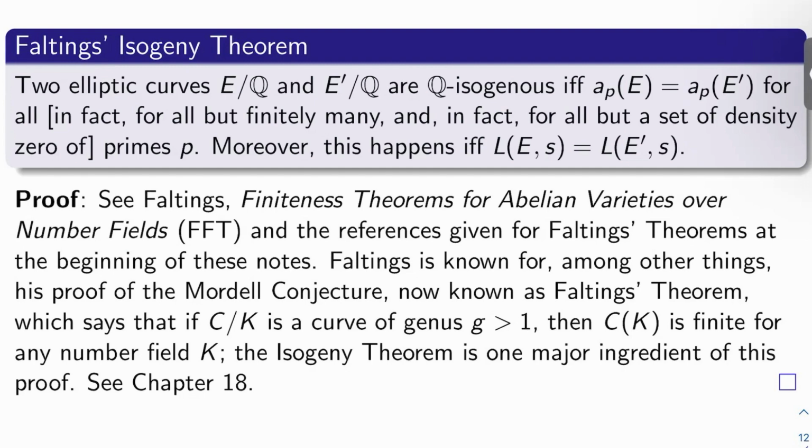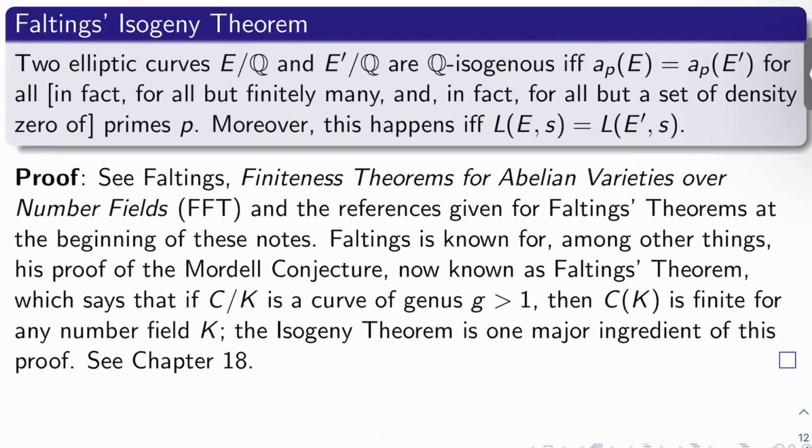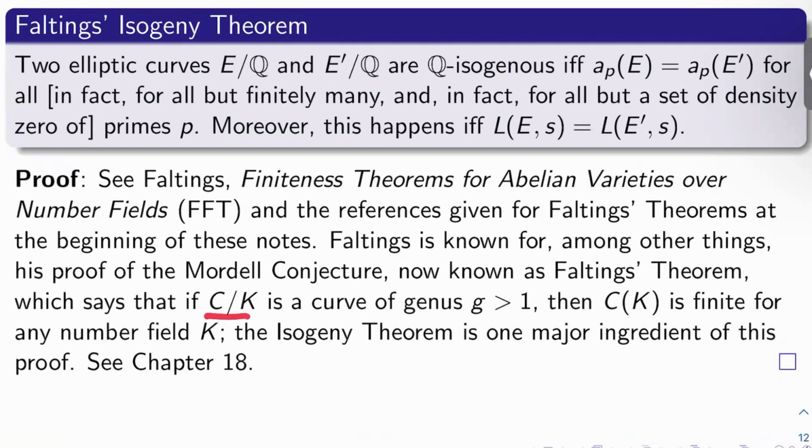Faltings is known for, among other things, his proof of the Mordell conjecture, now known as Faltings' theorem, which says that if C over K is a curve of genus g bigger than 1, then C(K), the set of K-points on C, is finite for any number field K. And to prove that theorem, you have to use this isogeny theorem at some point. So Faltings also proves that. Okay, so we'll be talking about Faltings' theorems in more detail in chapter 18 of my notes.